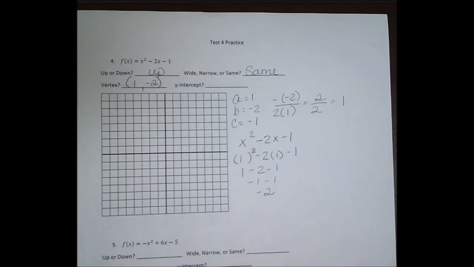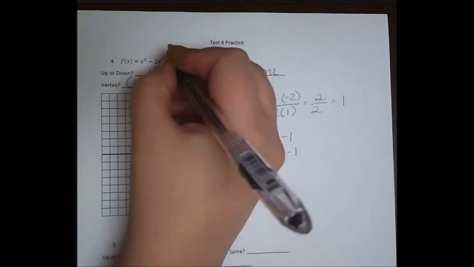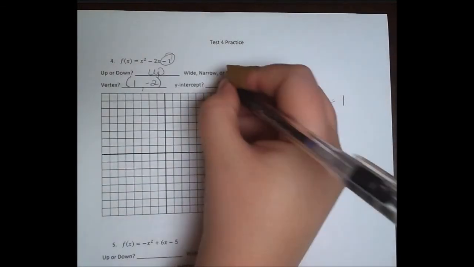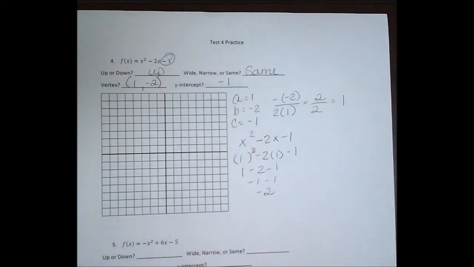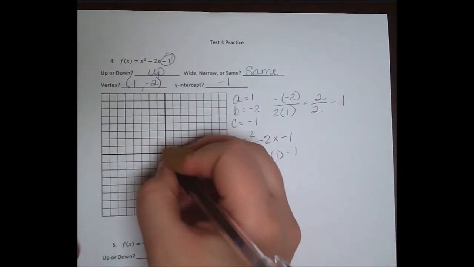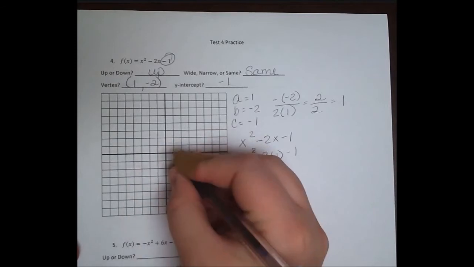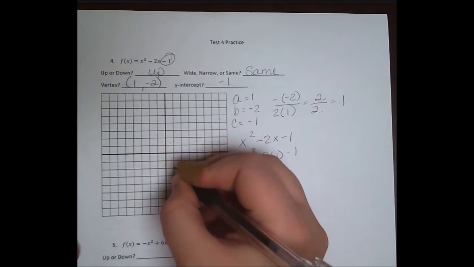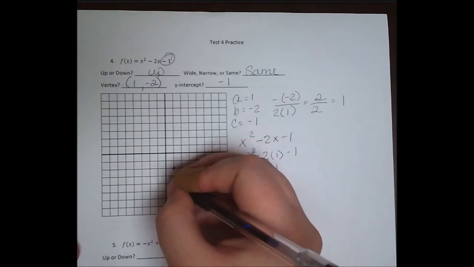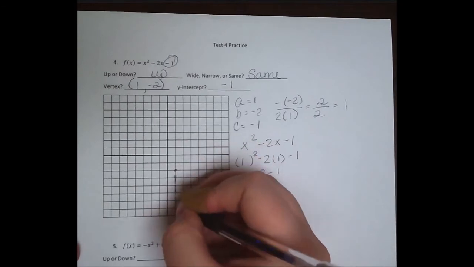So there's our vertex. And then our y-intercept is going to be that c value, which is negative 1. Then to graph that, I would graph my vertex at 1, negative 2. And remember, you can draw your axis of symmetry for a visual.